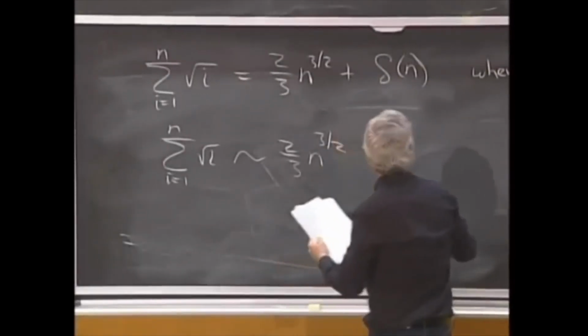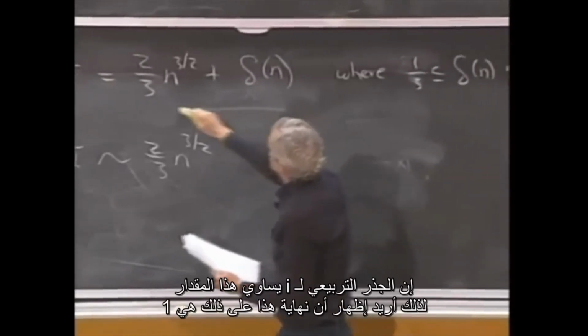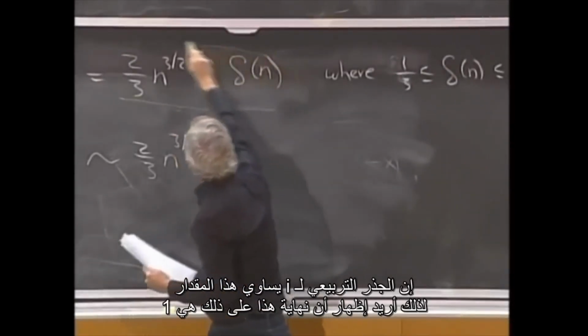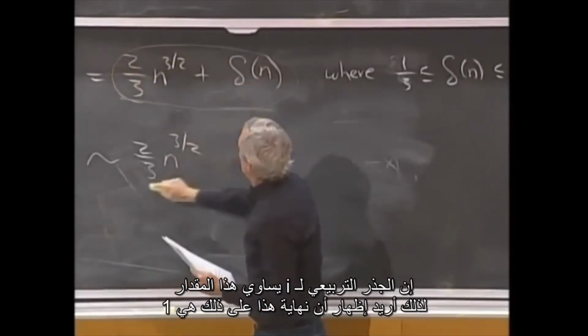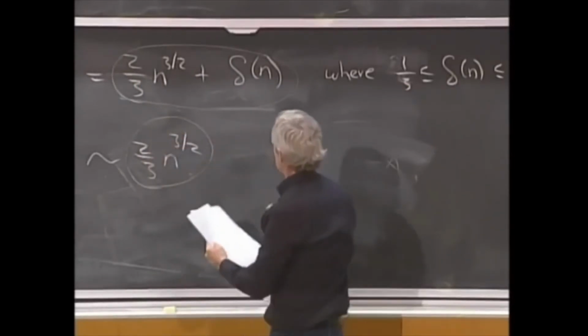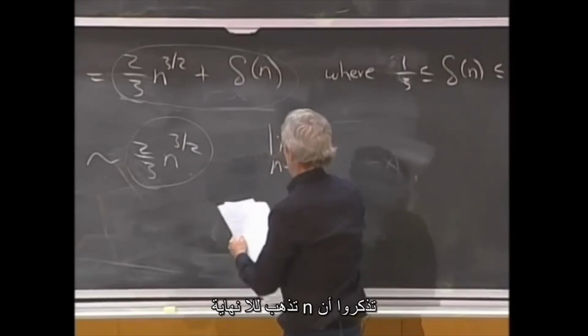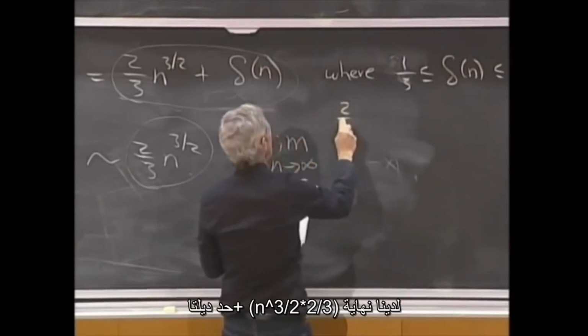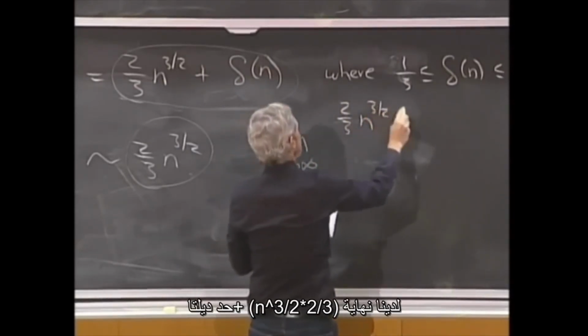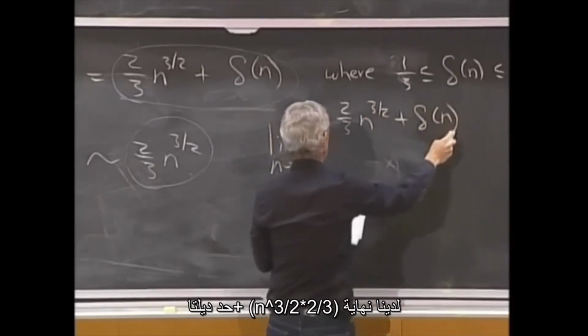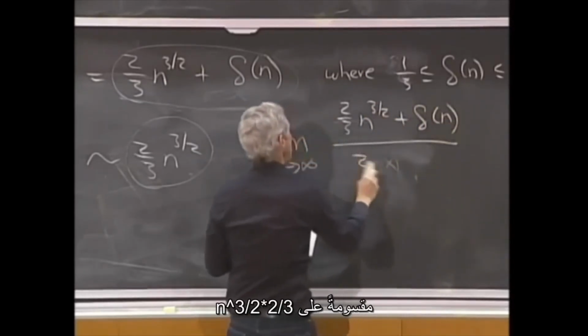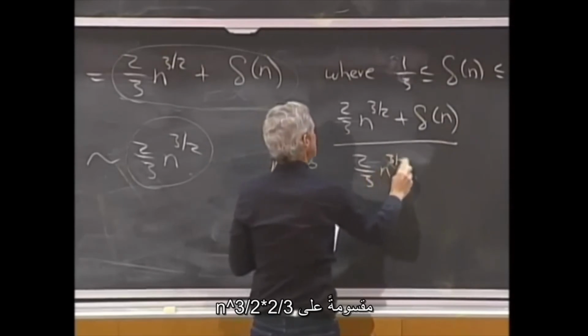Well, the sum of square roots equals this, so I need to show the limit of this over that is 1. So let's check that. The limit as n goes to infinity of 2/3 n to the 3/2 plus that delta term over 2/3 n to the 3/2.